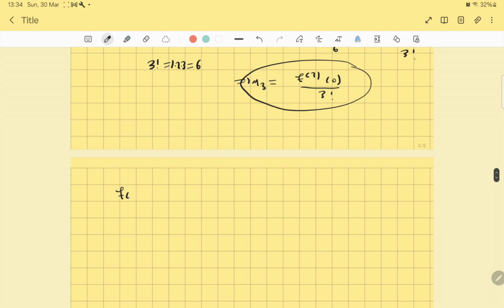So my polynomial was f of x equals a0 plus a1 x plus a2 x squared plus a3 x to the power of 3 plus an x to the power of n.